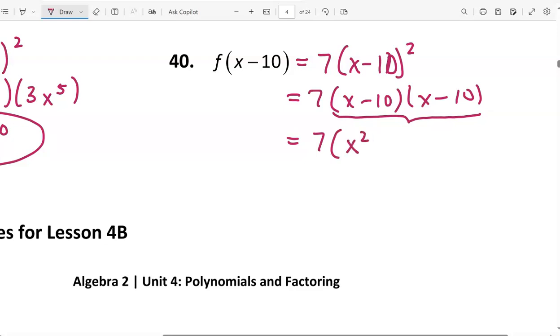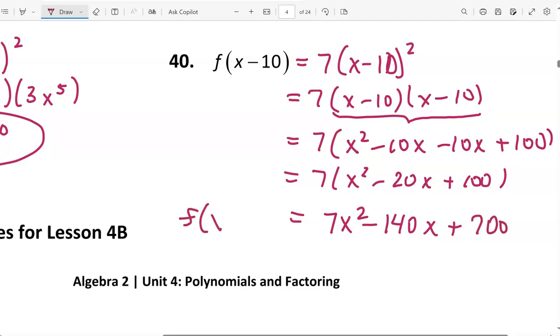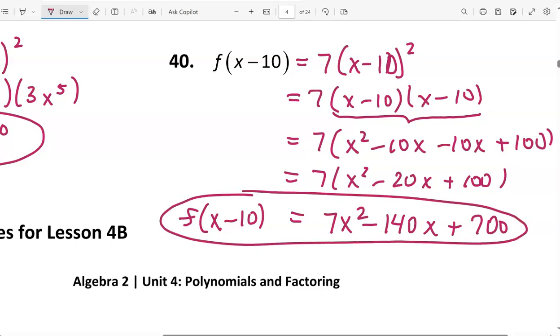Foiling, x squared minus 20x plus 100, and then multiplying by 7, 7x squared minus 140x plus 700 is what the expression f of x minus 10 is simplified to.